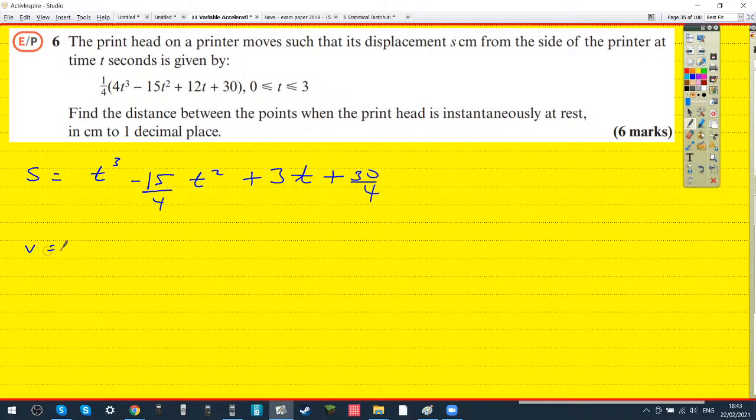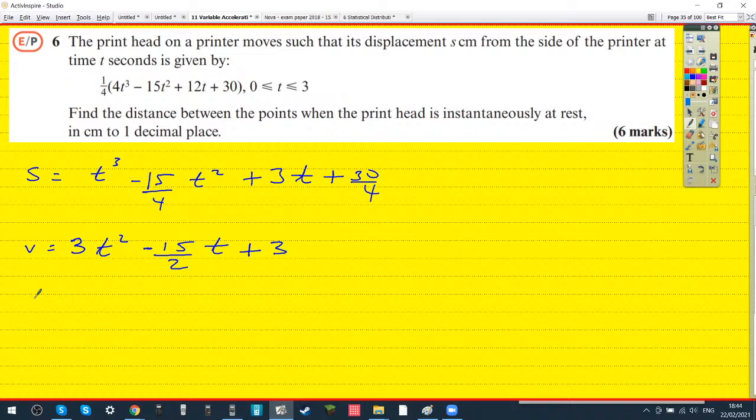And so now if I differentiate that, that will give me 3t squared minus 15 over 2t plus 3. Mm-hmm. And so this will give me the velocity.